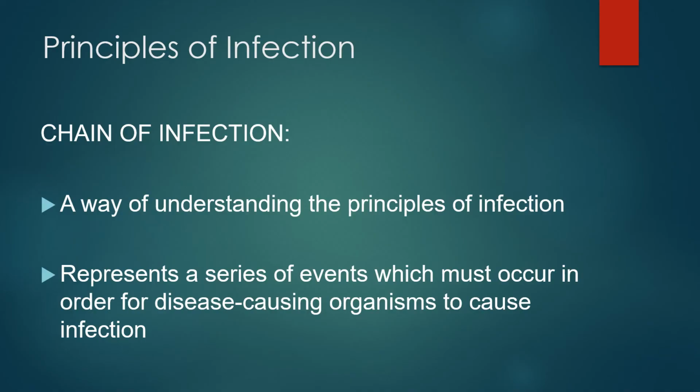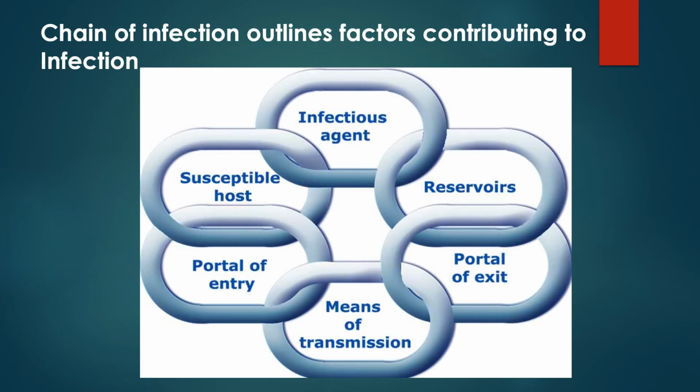So when we look at the chain of infection, it really is a series of events that has to occur in order for a disease-causing microorganism to actually cause an infection in its host. These are all the different factors that contribute to the infection. First off, we start with the infectious agent.